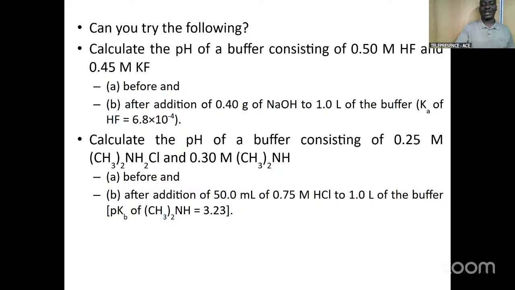However, I want to look at this second one that says: calculate the pH of a buffer consisting of 0.25 molar dimethylammonium chloride and 0.30 molar dimethylamine before and after addition of 50.0 ml of 0.75 molar HCl to 1 liter of the buffer solution.